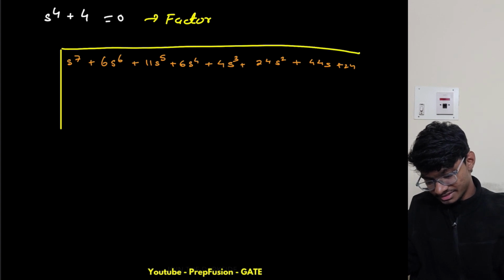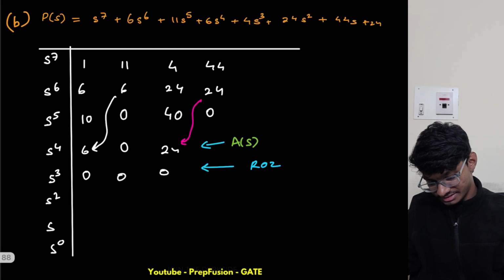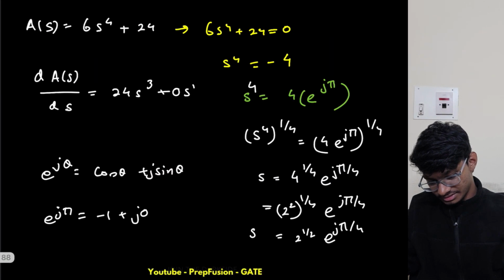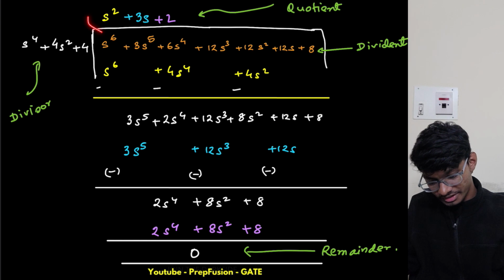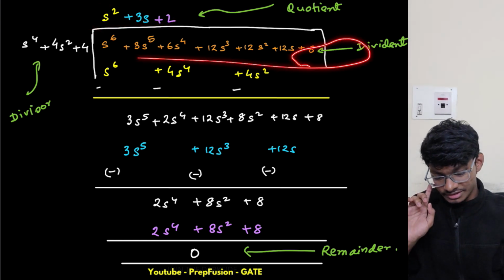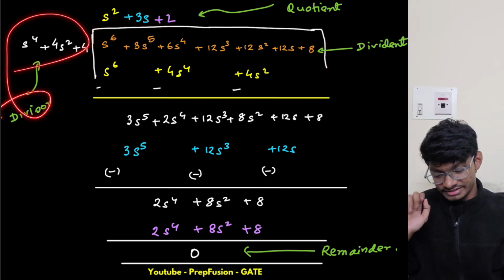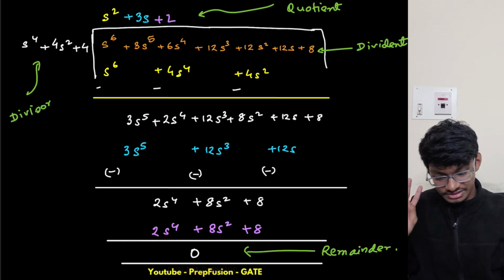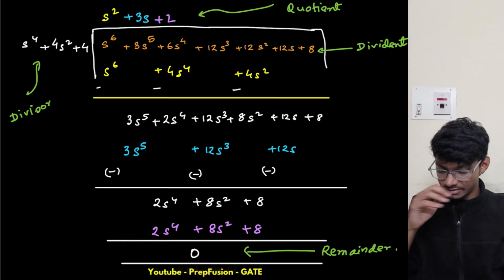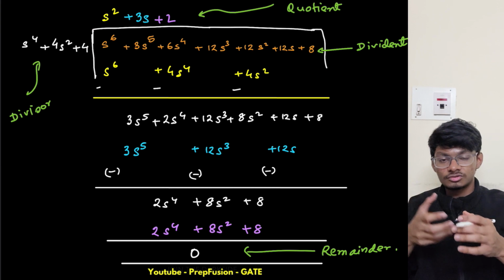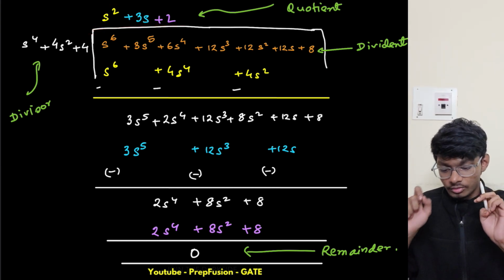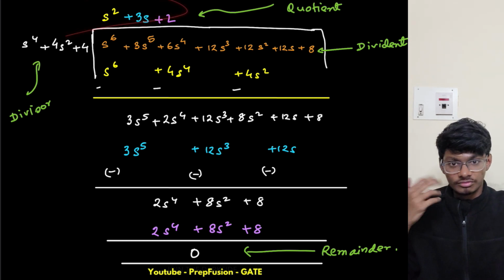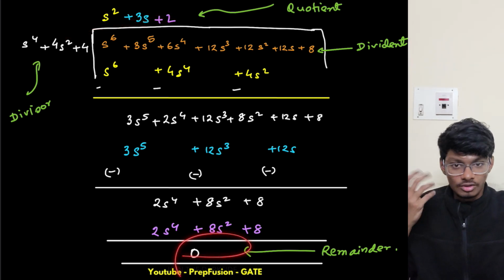I wrote it earlier: this is known as the quotient, this is known as the dividend, and this is known as the divisor. And this is the remainder basically. The divisor is what is dividing, and the dividend is what I am dividing. The quotient is the result, the amount that is the factor that we have to multiply, and the remainder is how much is left.